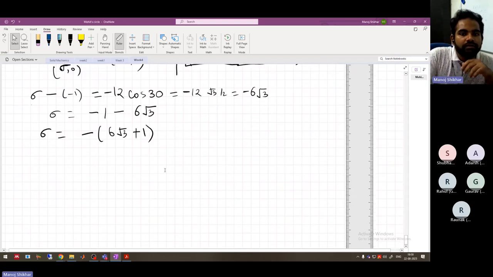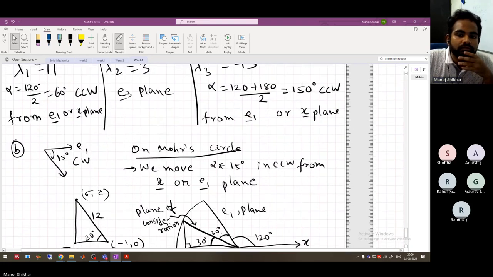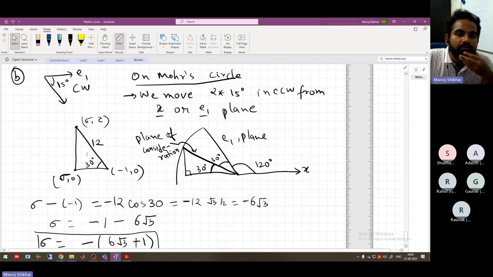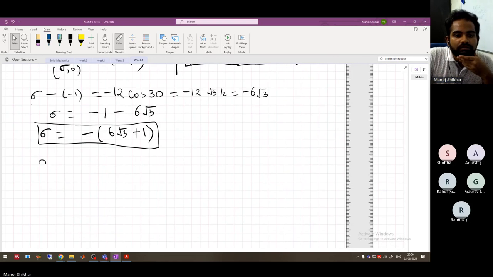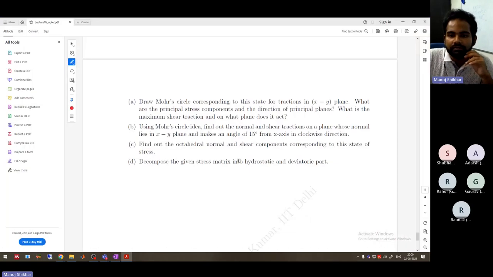So this is the coordinate of sigma. And what will be tau? Tau is 12 sine 30, which is 12 into 1/2. So this is 6. So we have found our second part.